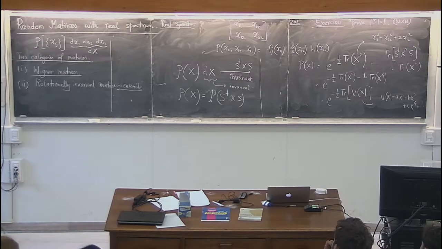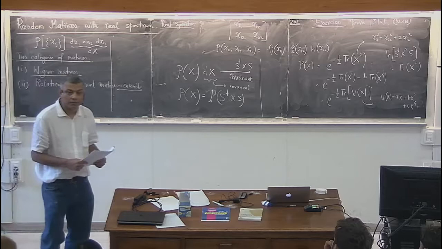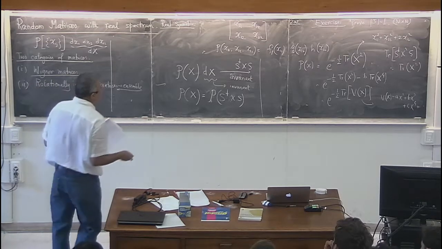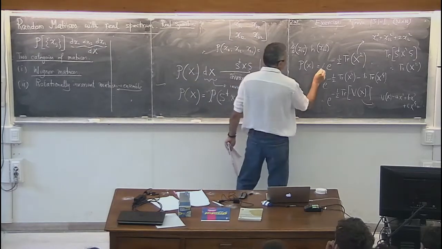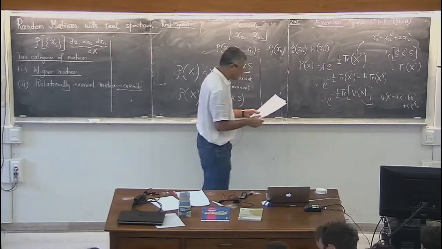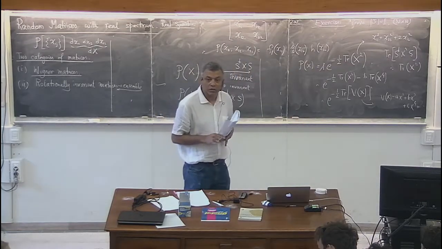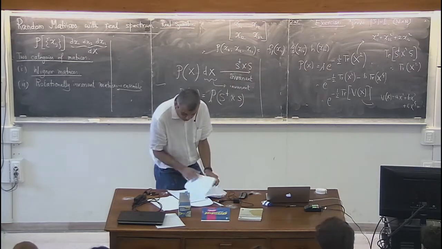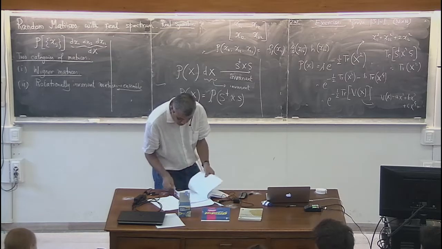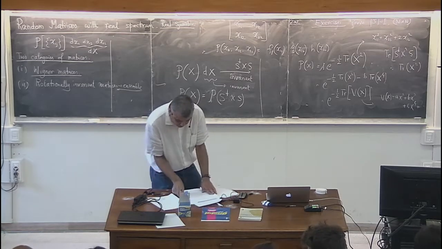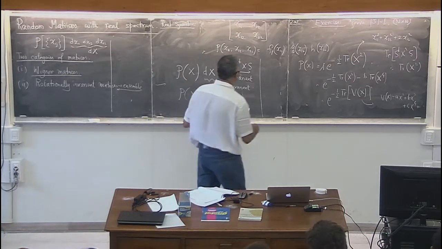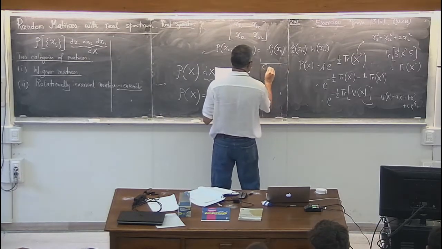Okay, so we have these two. I'm not writing the normalization constants here. Yes, absolutely. Just to give you one example, another example is what is called the Cauchy ensemble.